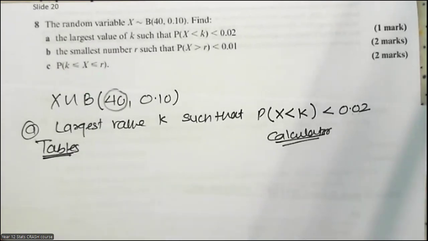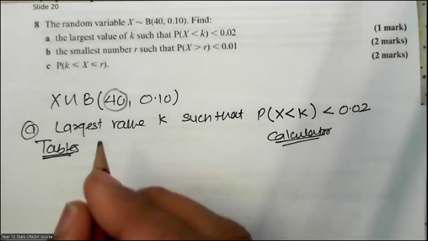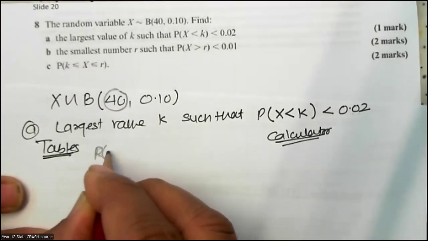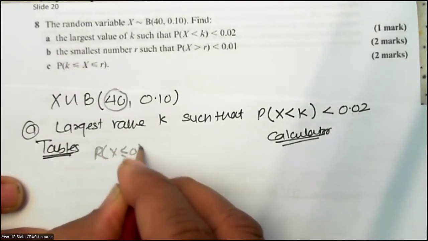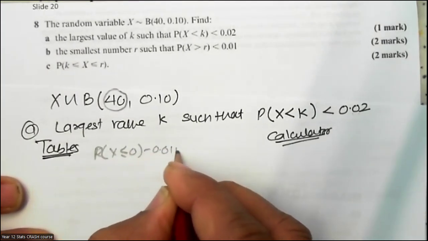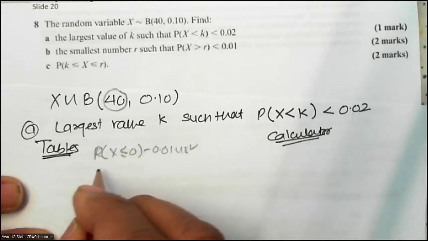Okay, so what does that mean? 0.08 becomes bigger than 0.02. So people, that means x is, what does that mean, people? Probability of x less than or equal to 0 is 0.0148, that is less than 0.02.